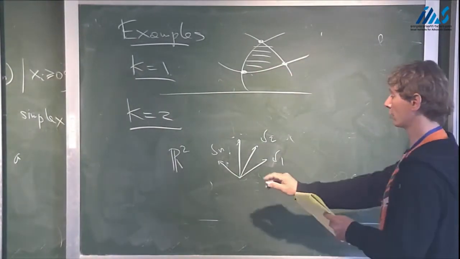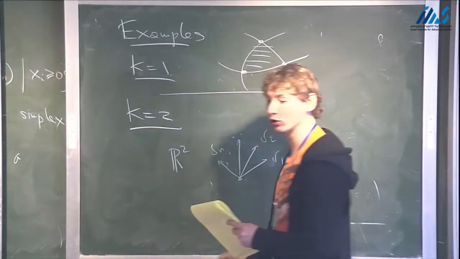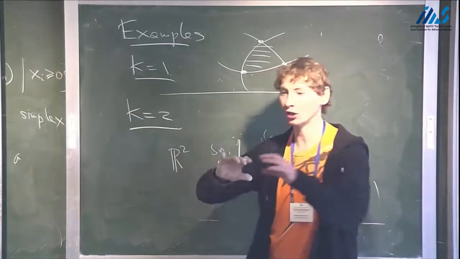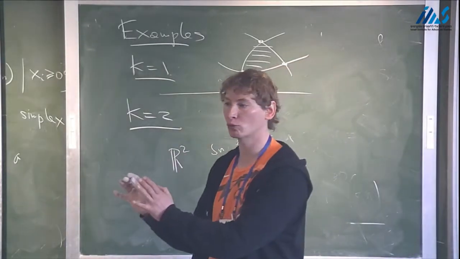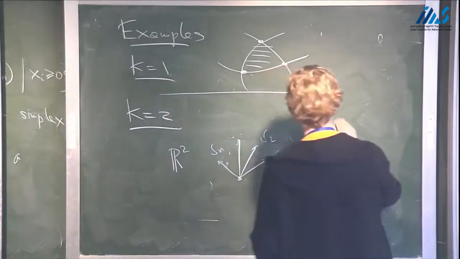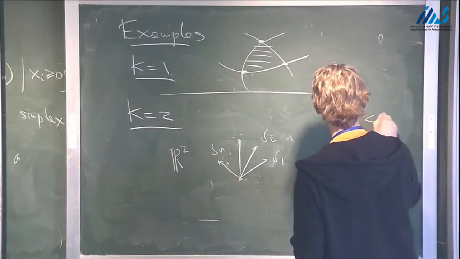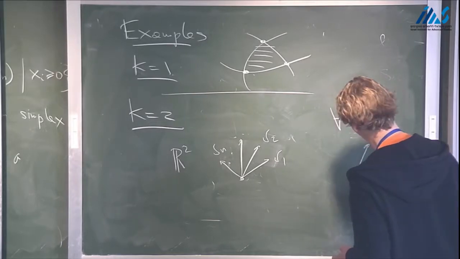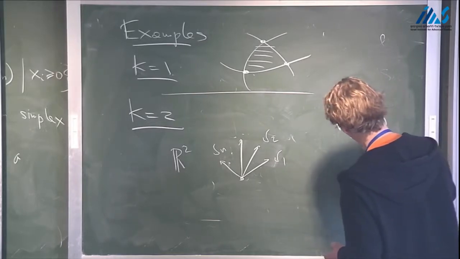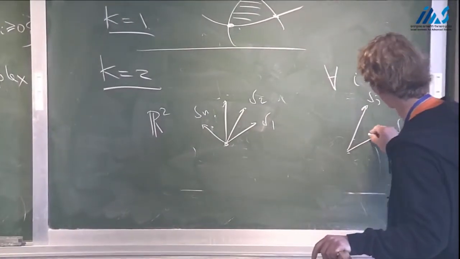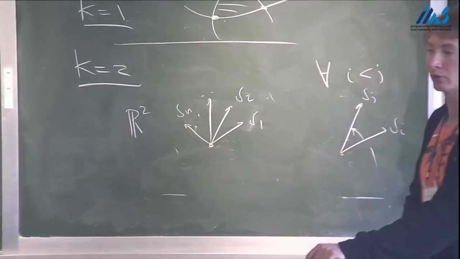What does it mean that these vectors give you a point in the positive Grassmannian? That means that if you put these vectors in a 2 by n matrix, then any 2 by 2 minor is positive. So for any i less than j, vj is obtained from vi by counterclockwise rotation. To go from vi to vj, you have to go counterclockwise.